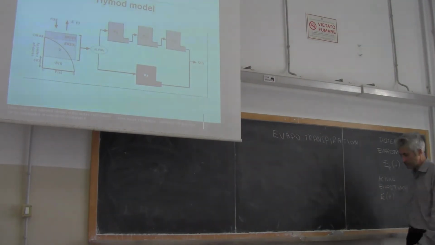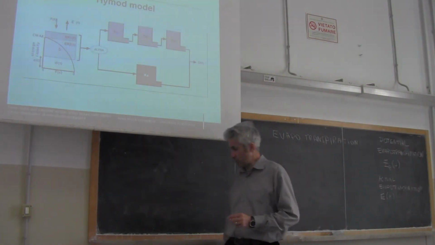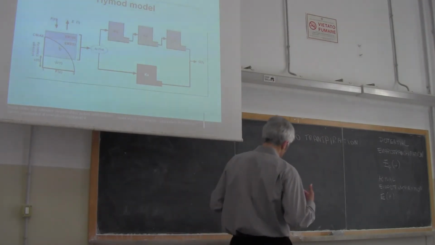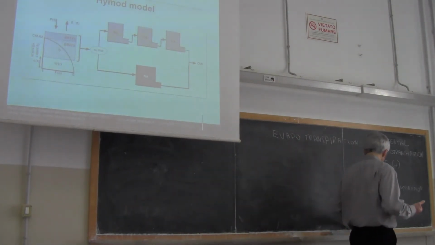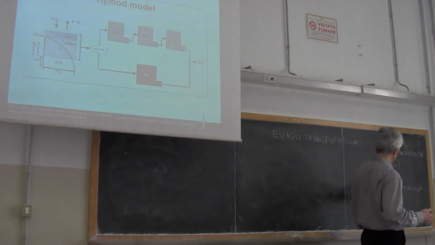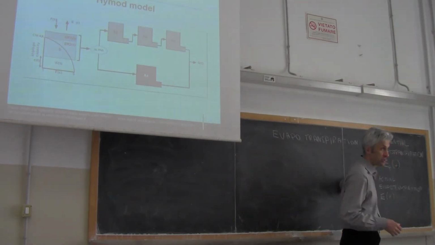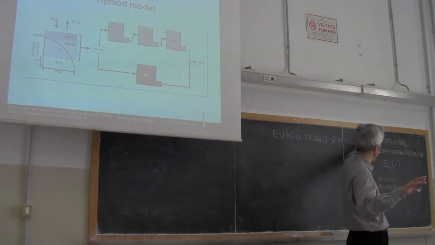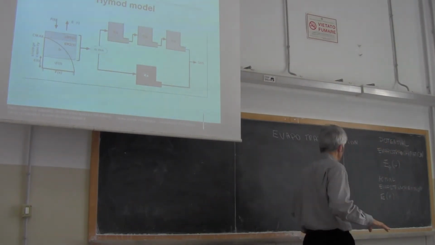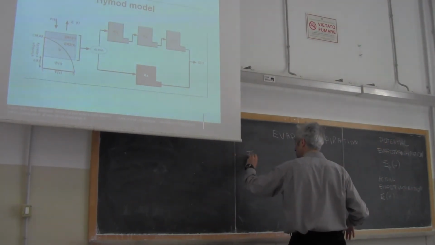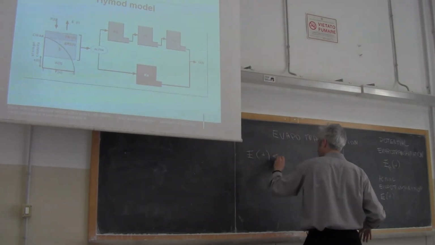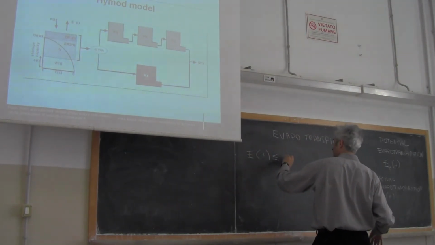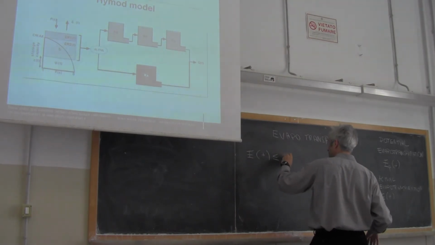So you can easily get that actual evapotranspiration is lower or, in the limiting condition, equal to potential evapotranspiration. So ET is less than or equal to EP.